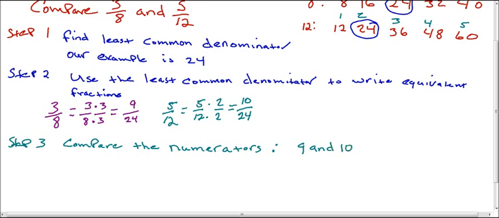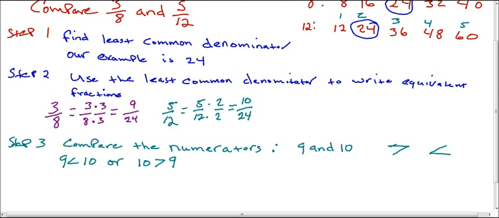So now we need to see which is greater. We can use our greater than sign or our less than sign and make the comparison. So we can say that 9 is less than 10, or 10 is greater than 9.